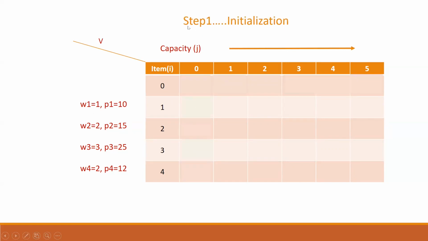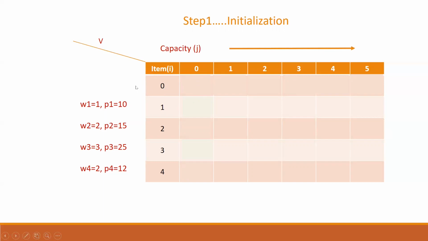So in step 1, this is the initialization step. So here we have to initialize the item 0 and the knapsack capacity 0. That means here, if no item is selected, what is the profit? Here each cell is nothing but value of the knapsack. So here value V of 0, 0 means if no item is selected for the capacity 0, what is the current value? It is defined by this cell.